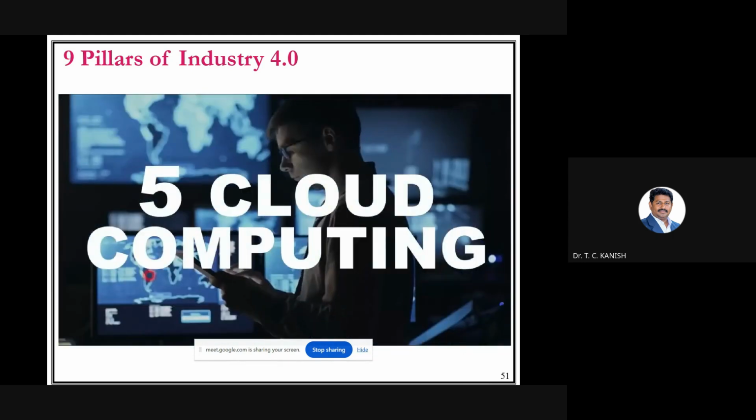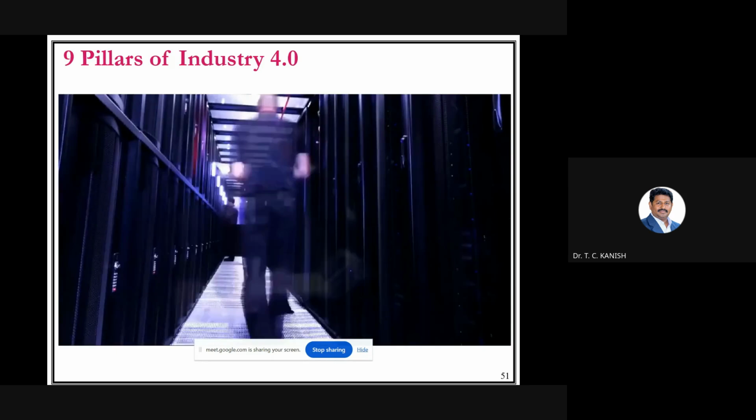Fifth one is cloud computing, where we have a space.